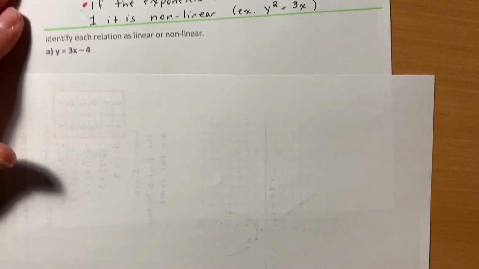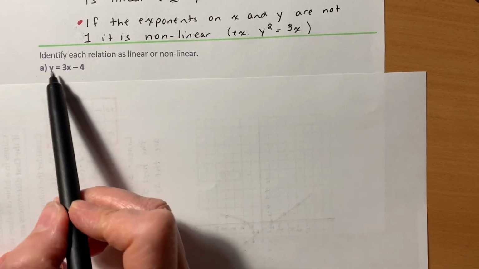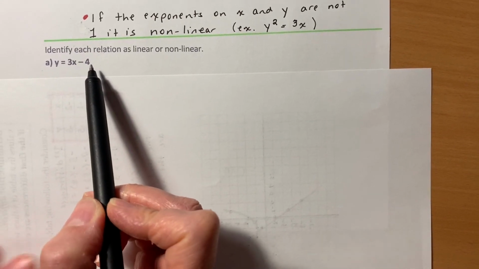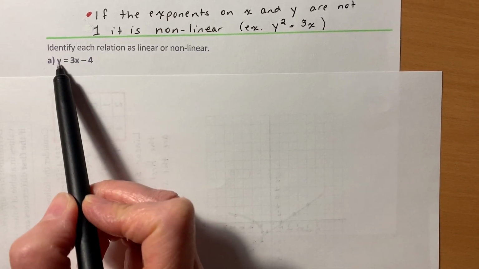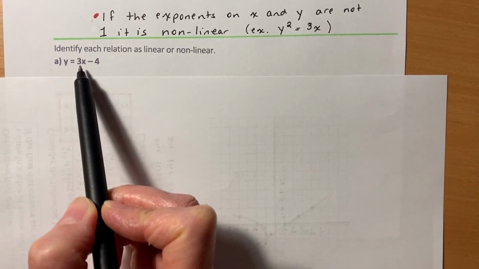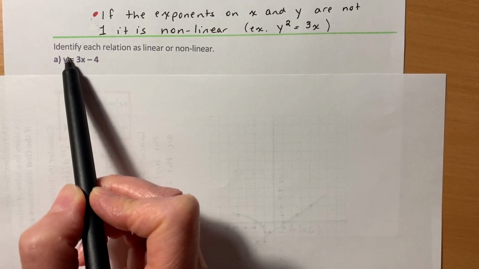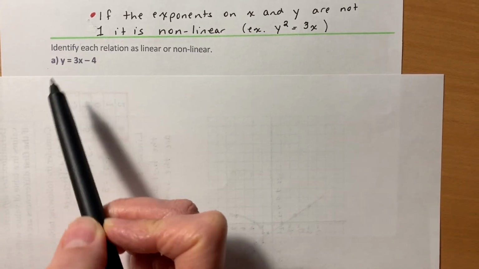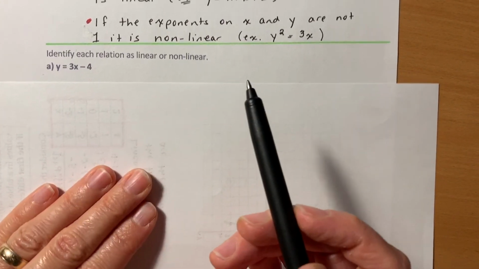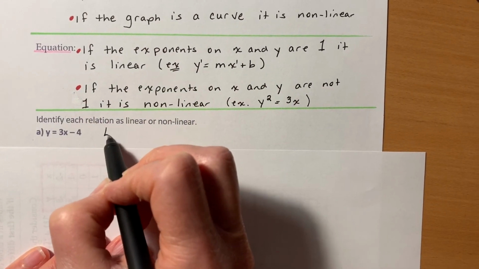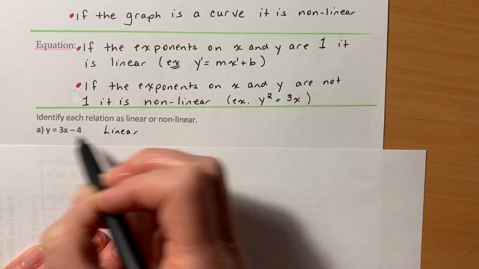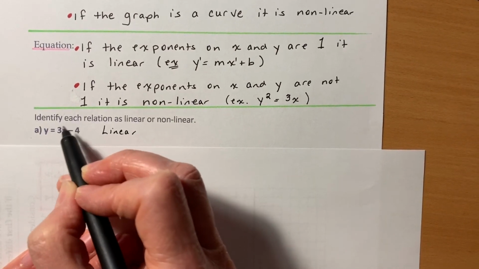The first one, y equals 3x minus 4. Looking at the equation, you should be looking at your y and your x, and the exponents on them. There's a 1 understood here and a 1 understood here, so the exponents are 1, and it is linear. This is also a partial variation because of that minus 4.